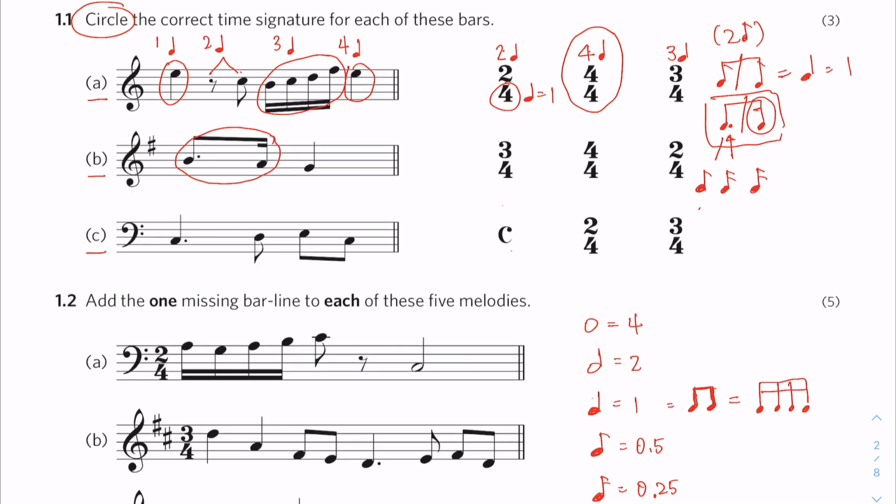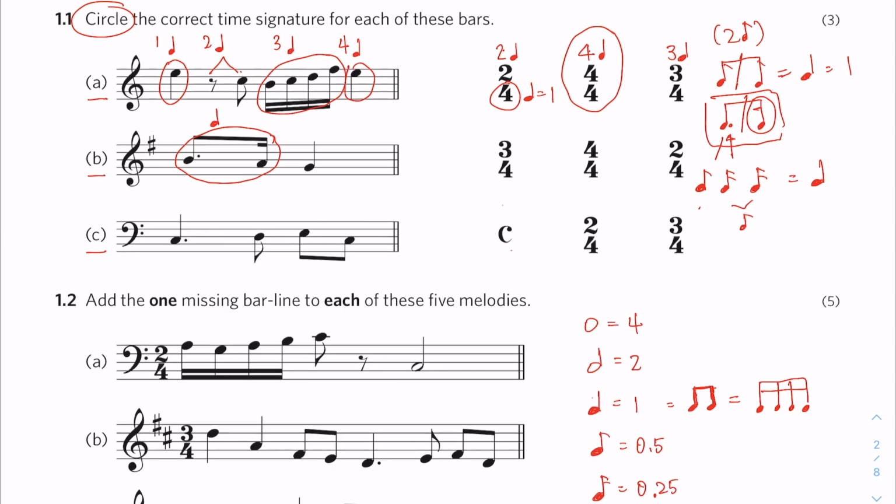I have a quaver plus another quaver, which is a crotchet. So this is actually just a crotchet. Get familiar with it, so next time when you see it, you don't need to do all the math, and you can recognize it as a crotchet itself. So this is a crotchet, and we have another crotchet here. So we've got 1, 2, and the answer will be 2 crotchets, 2 4 times.